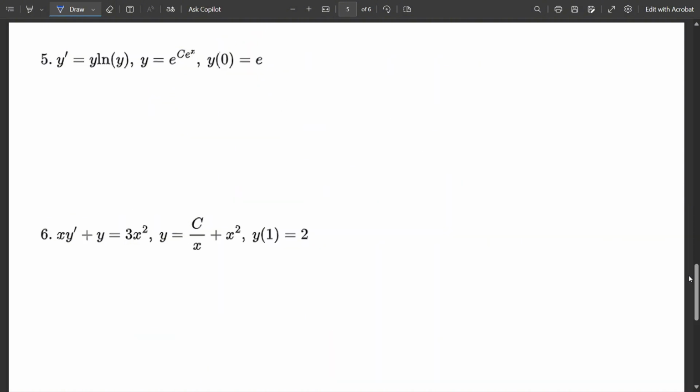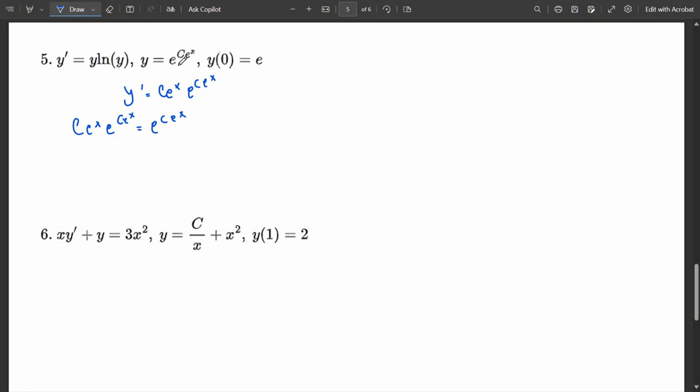Okay, and let's try this one. We have y prime equals y ln x. I mean ln y equals e to the c e to the x, y of 0 equals e. So this is just first order. So we have c e to the x, e to the c e to the x, and substituted we have c e to the x, e to the c e to the x, which is equal to e to the c e to the x.